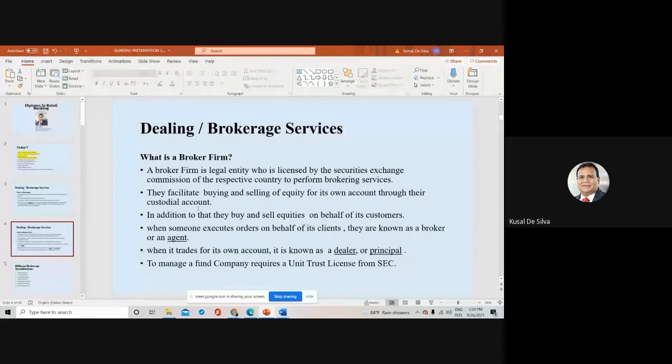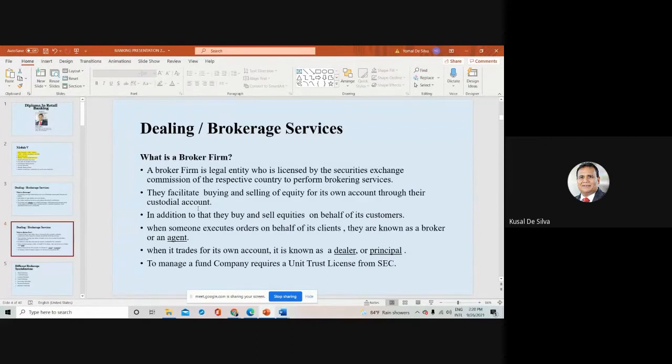In addition to that, they buy and sell equities on behalf of their customers. So being a broker, you can buy and sell equities on your own account, or through the custodial account, and also on behalf of your customers.